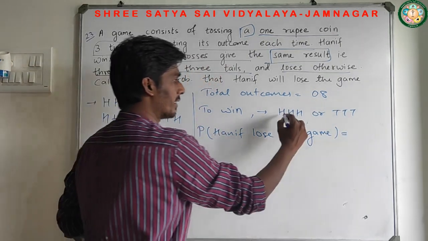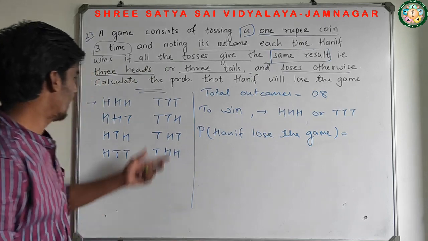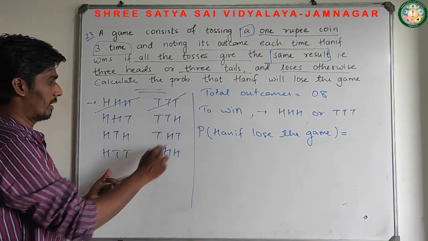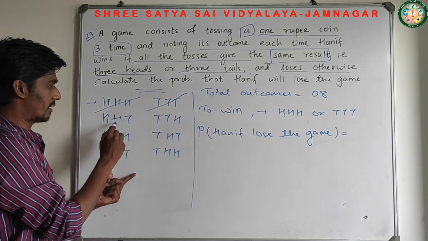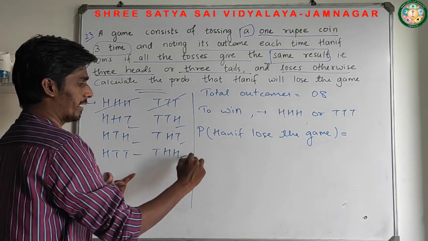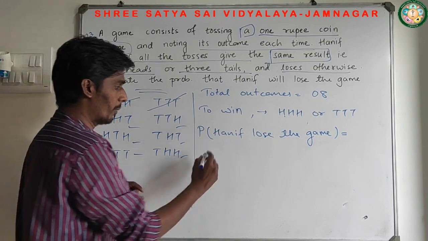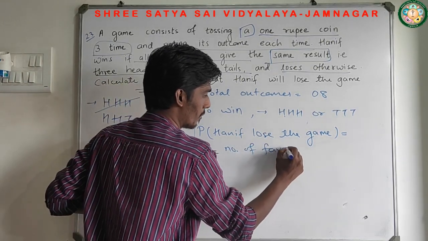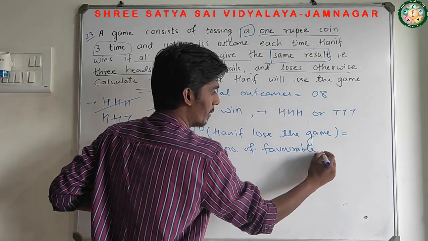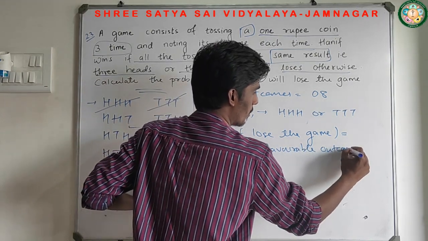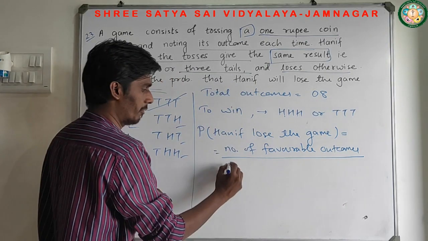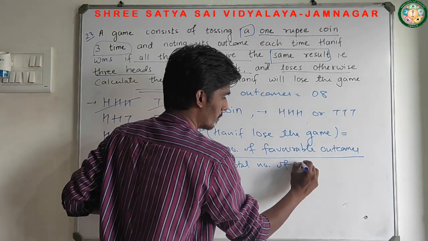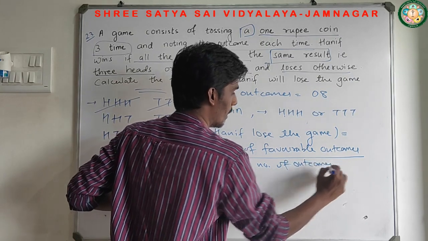Lose the game means he does not get these 2 winning conditions. So if I remove 3 heads and 3 tails, what are the remaining outcomes? These 6: 1, 2, 3, 4, 5 and 6. So the favorable outcome is what here? Probability is number of favorable outcomes divided by total number of outcomes.